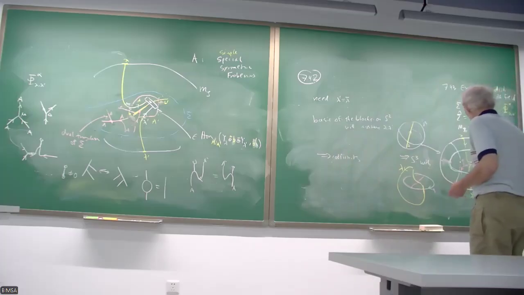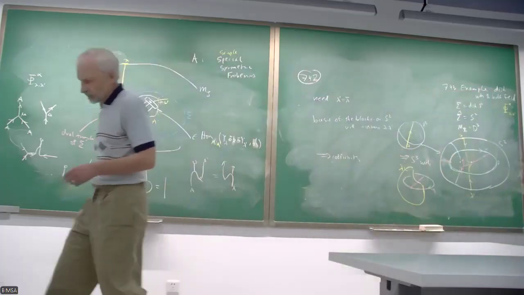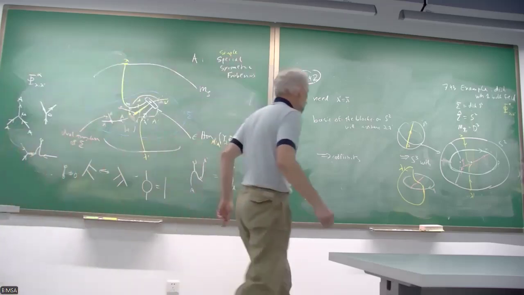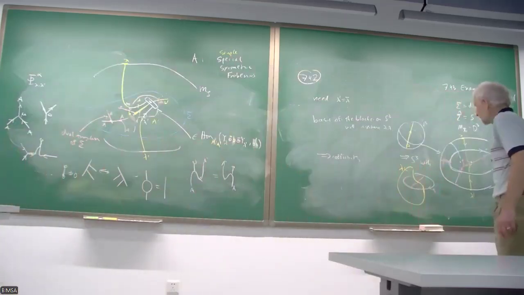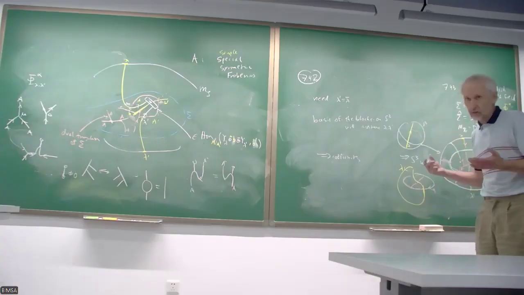So I get a ribbon graph like this in S3. Remember, S3 has no boundary.